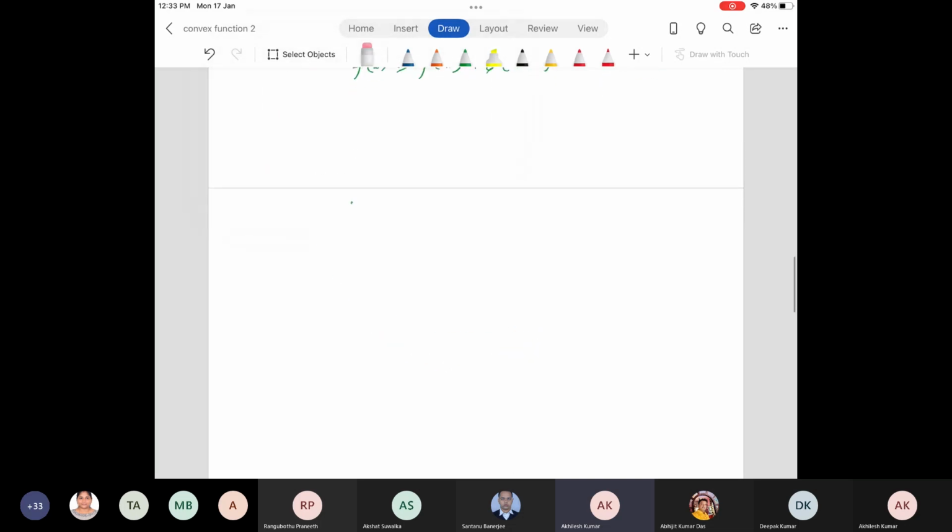I want to draw a smooth convex function until here, and then there is a small nick here.